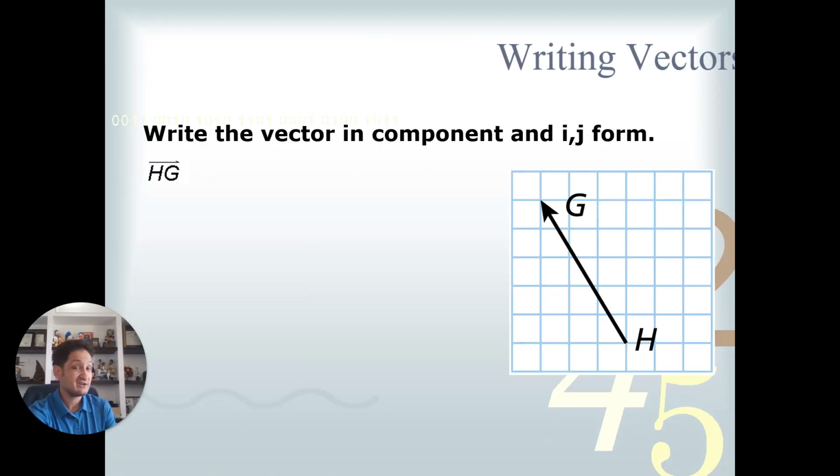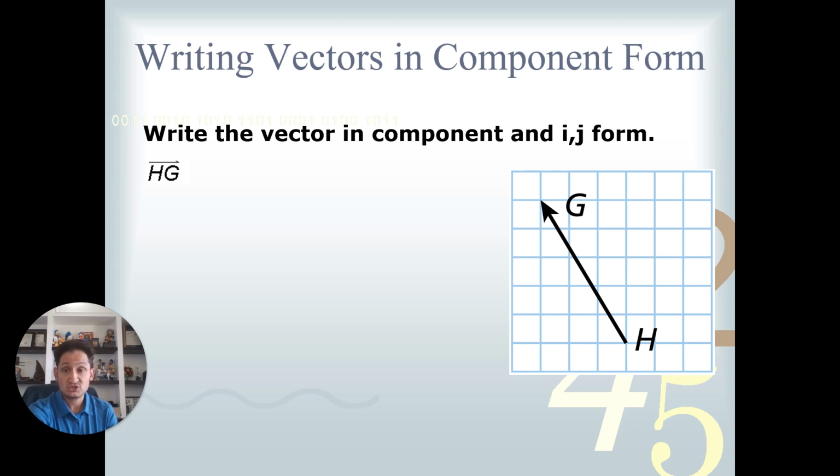So, here's a vector. Vector HG. I want to write it in component form, and we'll do IJ form, I suppose, just as a lark. We see the direction. Okay, that's the negative x direction. So I'm going a certain distance in the negative x, but then it's going up.